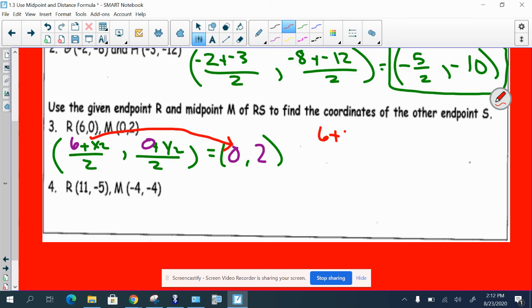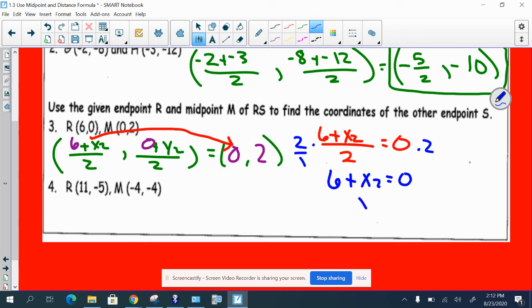Now we can actually take the x-coordinate here and set it equal to the x-coordinate of the midpoint. So 6 plus x2 over 2 equals 0. And then you would solve for x. So to solve for x, you would first multiply both sides by the denominator of 2, or you can think about 2 over 1. So this becomes 6 plus x2 equals 0. So x2 is negative 6.